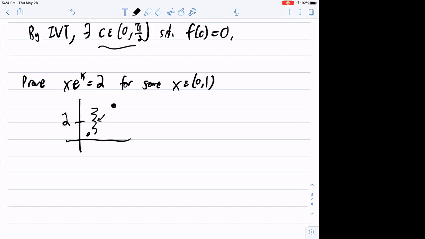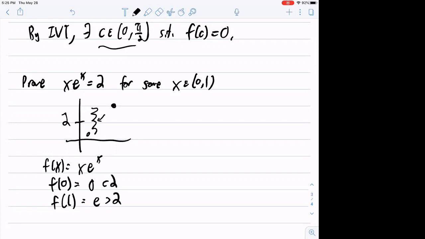Normally the point they give you is the one that works. If not, you have to find it yourself. If I let f of x equal x e to the x, f of 0 is 0, f of 1 is e, and e is bigger than 2, right? E is like 2.7 something.